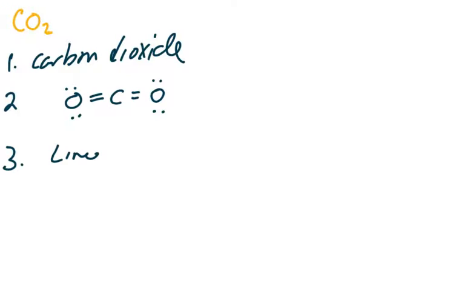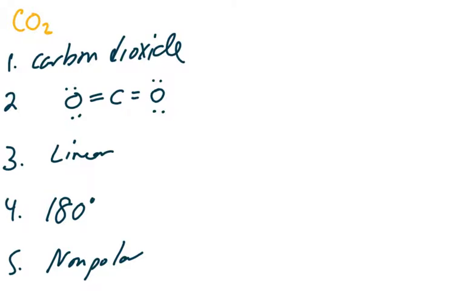It's a linear electron geometry and linear molecular geometry. The bond angle is 180 degrees. It is a nonpolar molecule, even though it has polar bonds, and therefore we have dispersion forces of attraction.